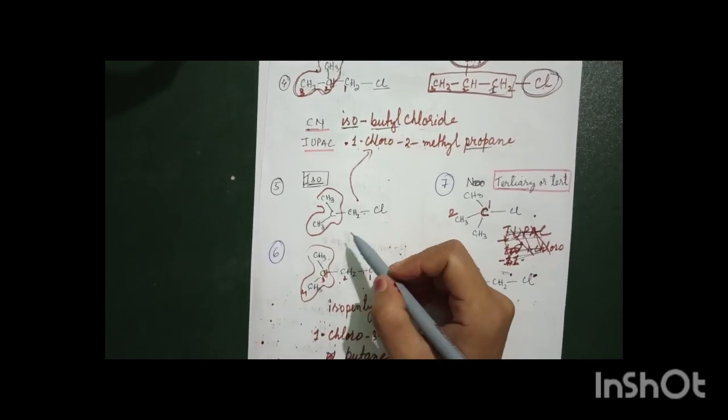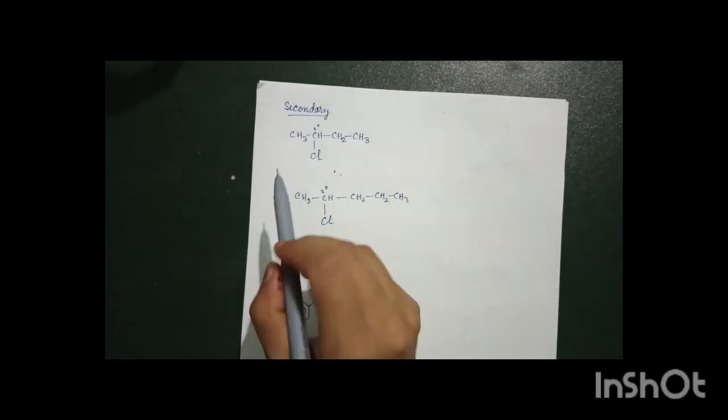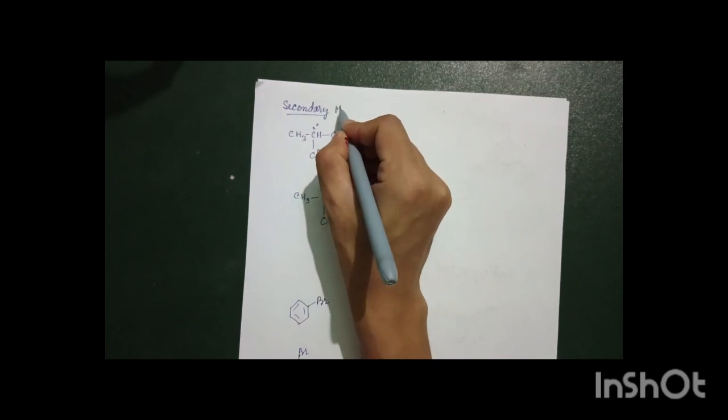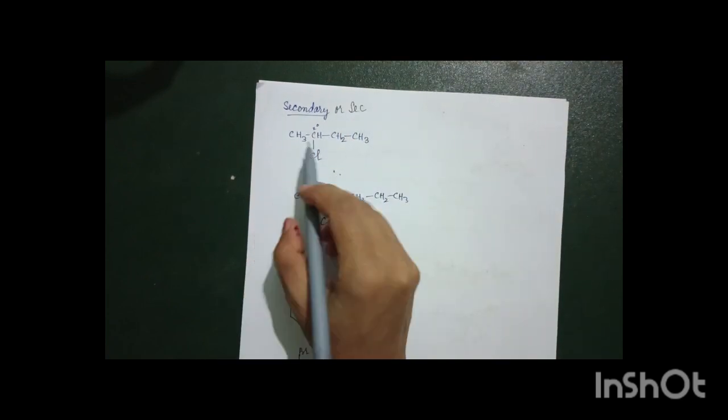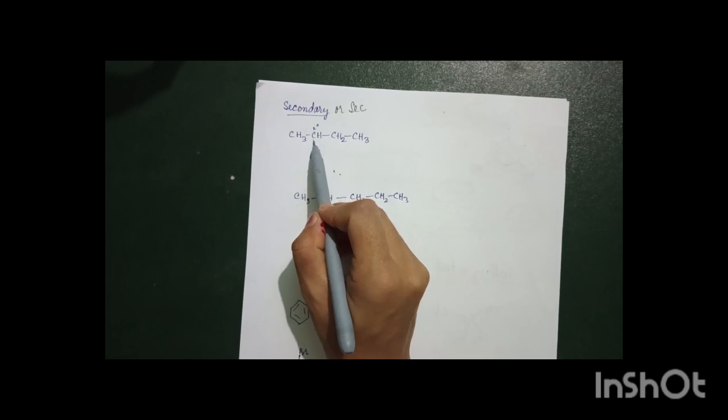Now this we have done. We have learned about iso. Now we will talk about secondary, or we can call it sec. In the case of secondary, we will always connect with the second carbon.